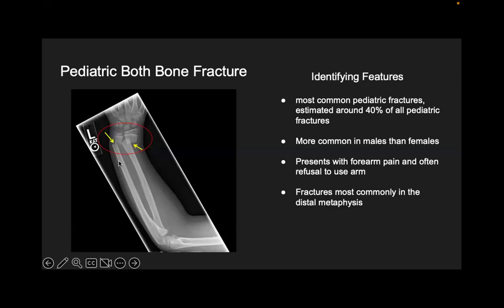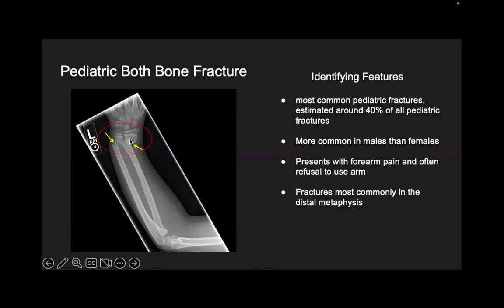One common thing about pediatric both bone fractures is that they most commonly occur at the distal metaphysis. Who knows what the metaphysis is? The physis is the growth plate, right?